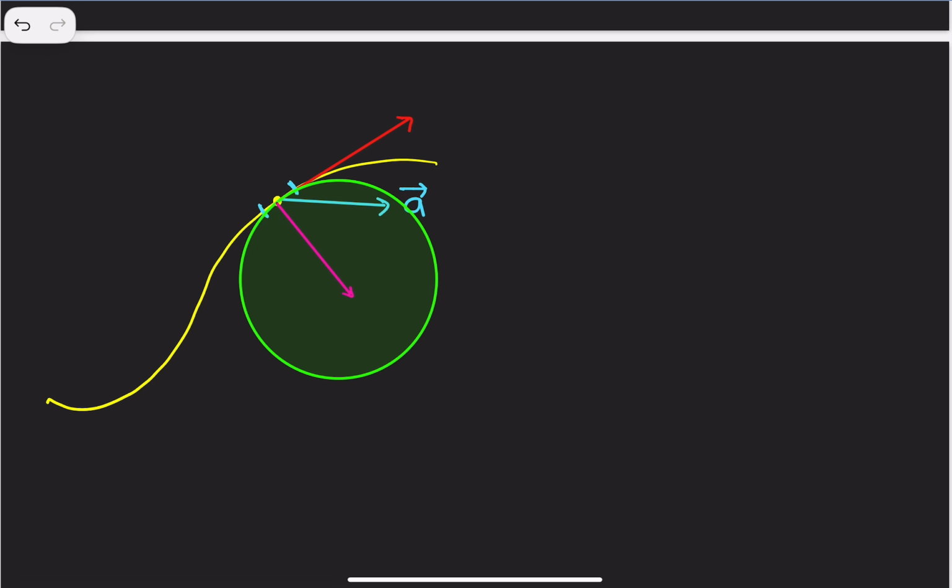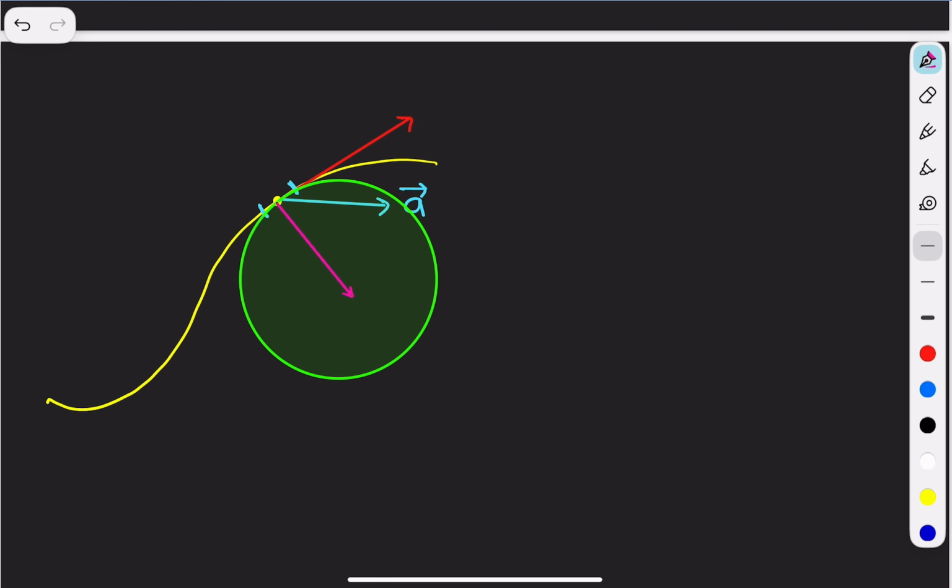So let's say this is AC, and there would be, of course, a part of this acceleration in this direction, that will be AT, which is the tangential acceleration. So if anyhow we can find this AC, we know that the velocity is there, so V square by R should be equal to AC.